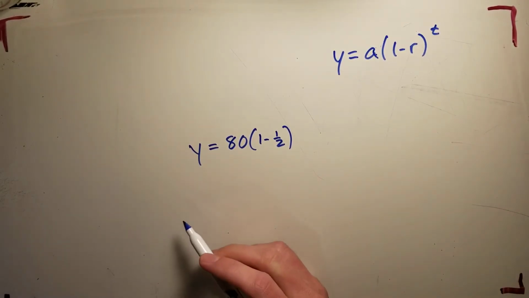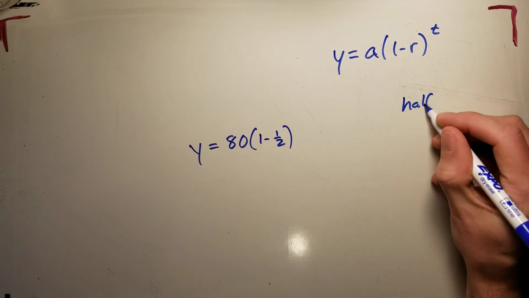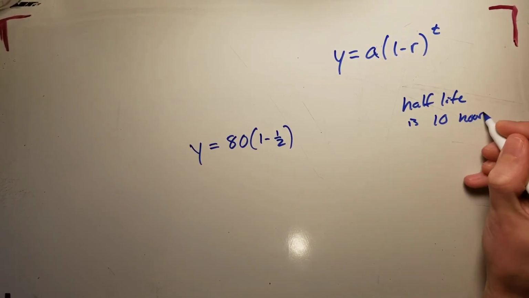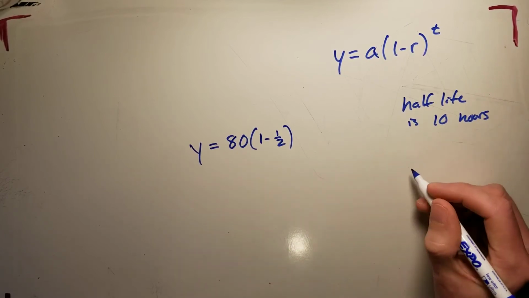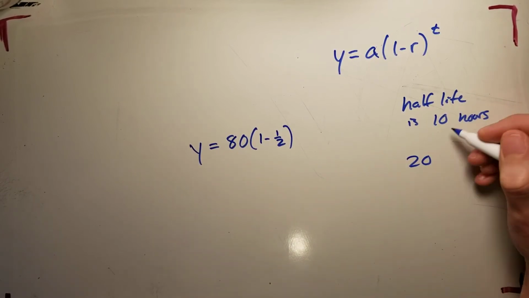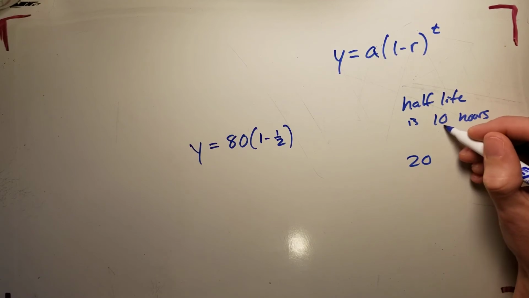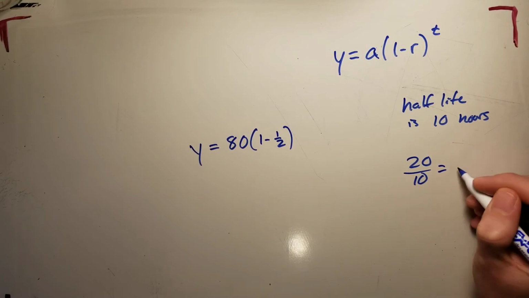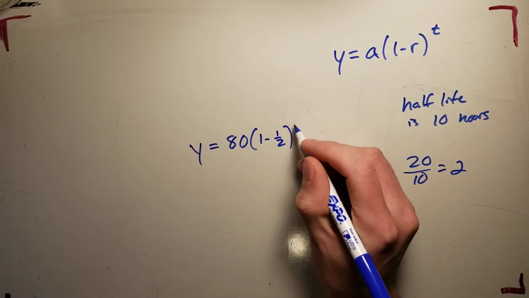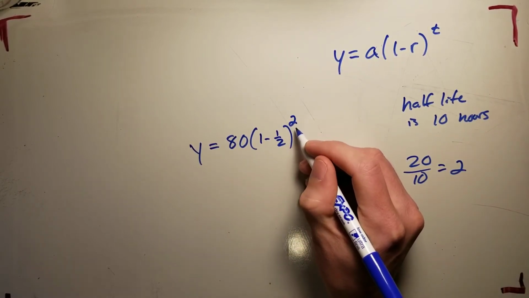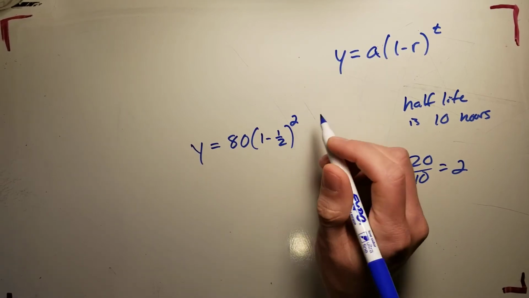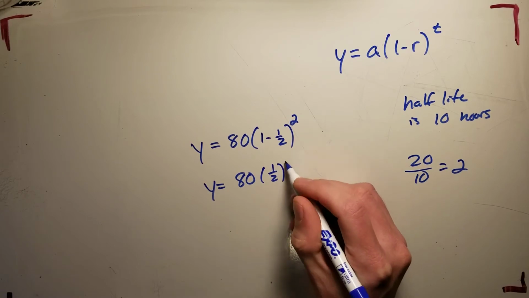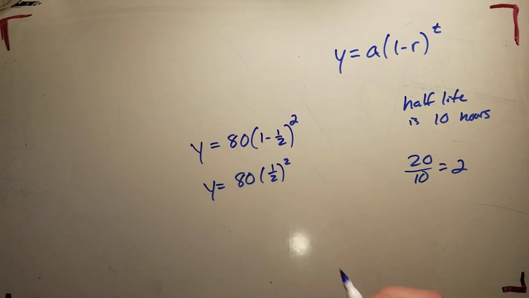So we were given the half-life is 10 hours. And we want to know how much is going to be left after 20 hours. So we're going to end up taking the half-life. Well, it takes 10 hours to get the half-life. We're curious how much is left after 20, so we're going to take the half-life twice. So this is how many times you're taking half of what you have. And if we simplify this, we're taking 80 times 1/2 to the second power.